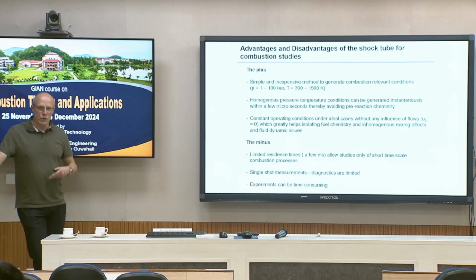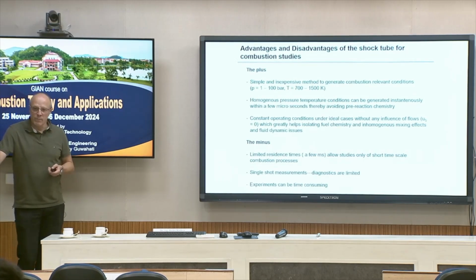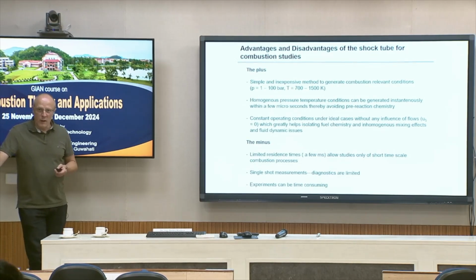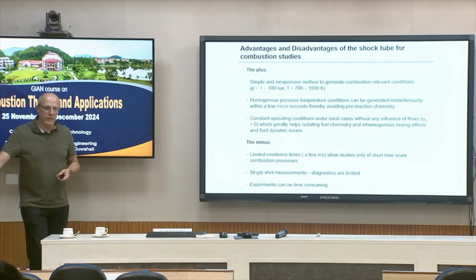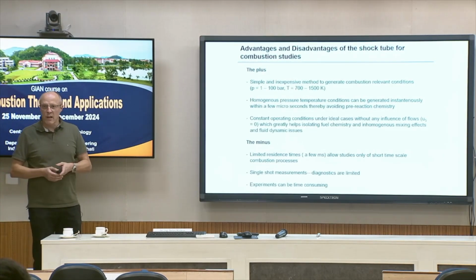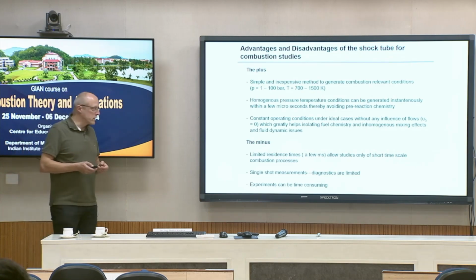Then we have to refill the tube. We have to put in another diaphragm. So it takes some minutes, some time. So it's quite time consuming, and the number of statistics you have is quite small.